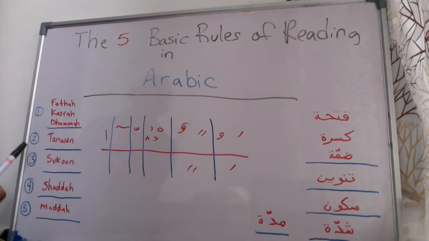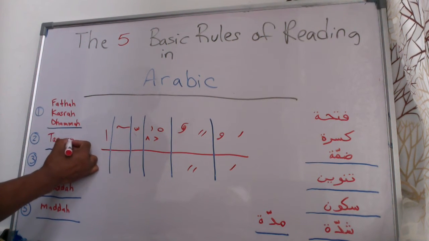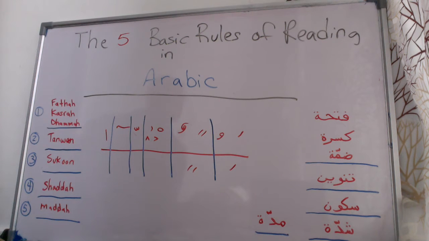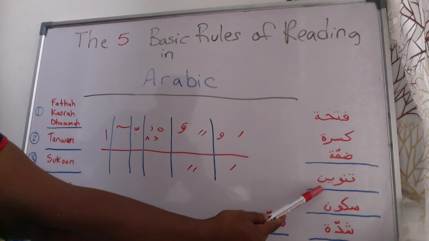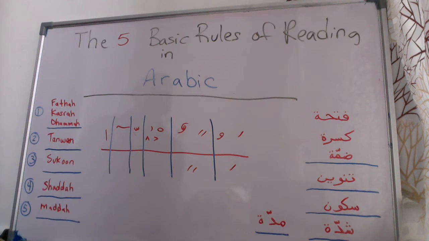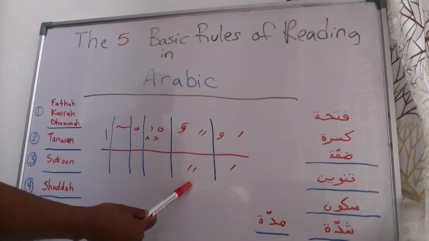The next group is called Tanween. I'm sorry, let me just add another E here to elongate it. It's a Tanween. Here's your Tanween here. Essentially, Tanween is used to make a word indefinite.